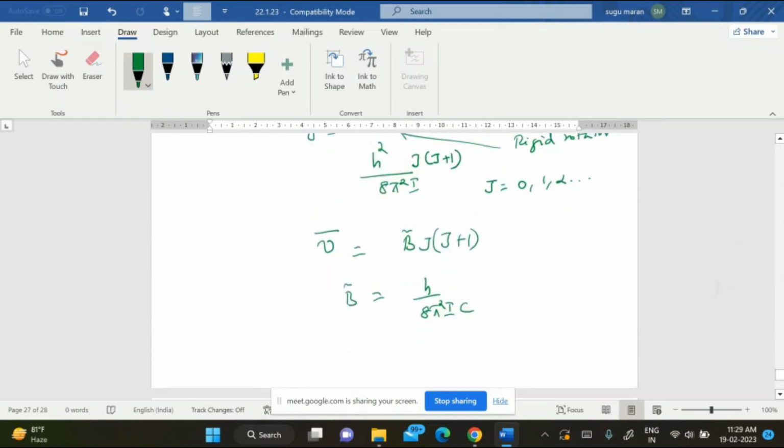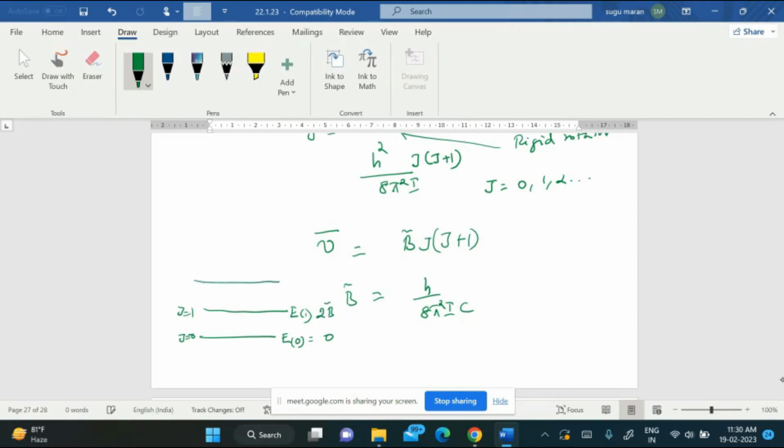If you take the energy levels of the rigid rotator, the lowermost energy will be 0. For J equal to 1, substituting the value, this is 2B bar.